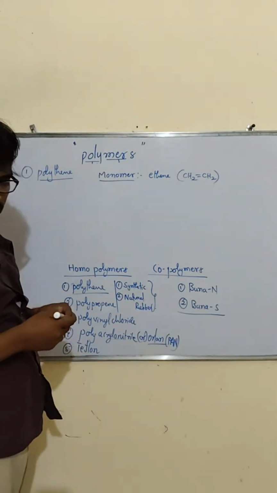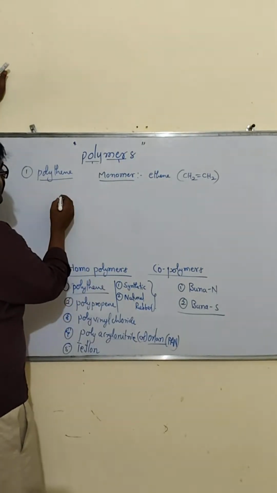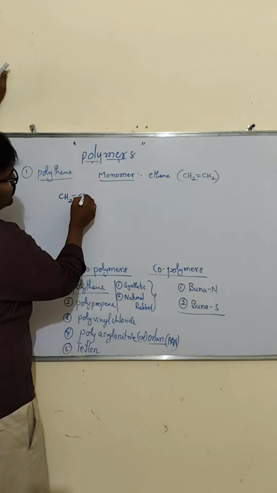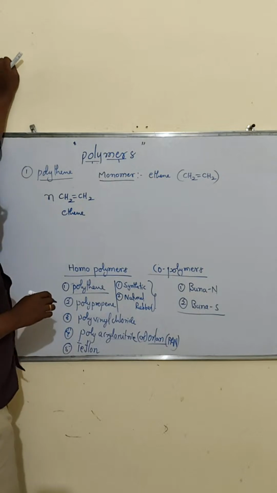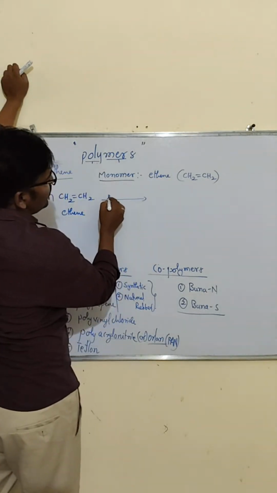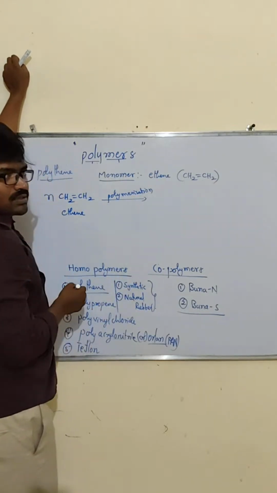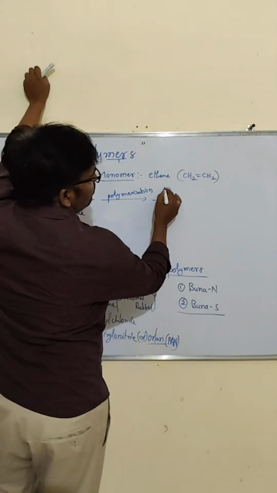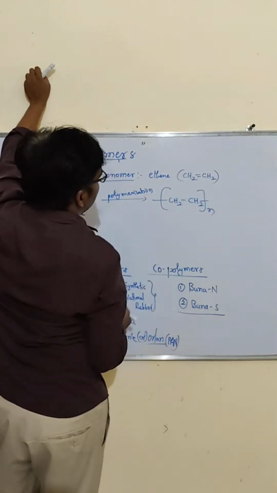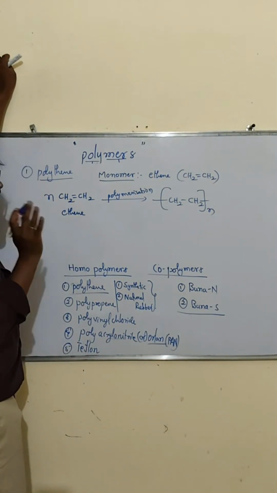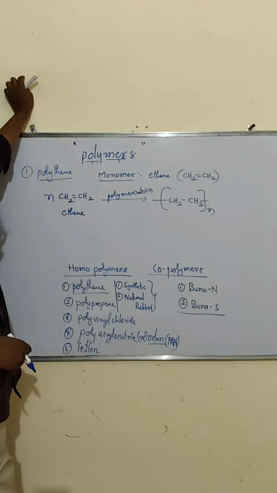This monomer, CH2 double bond CH2, we call ethene. N number of molecules are there. When polymerization takes place, this is a free radical mechanism, as I told.